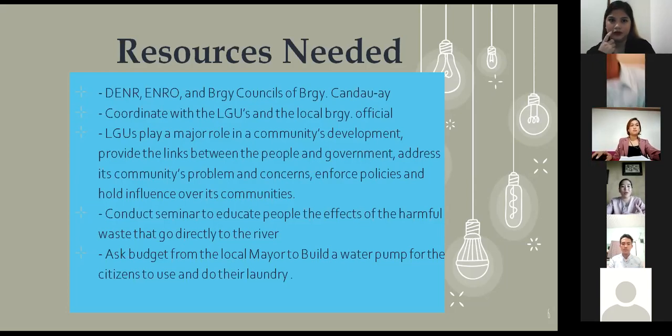So in this case, with the water pump, they will have a source of water, not only for their laundry but for everything, especially in saving the river from being polluted.